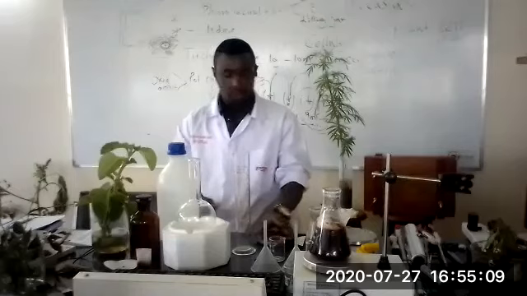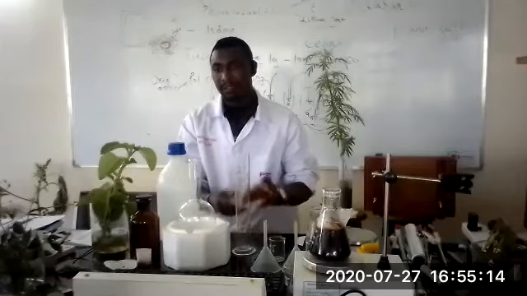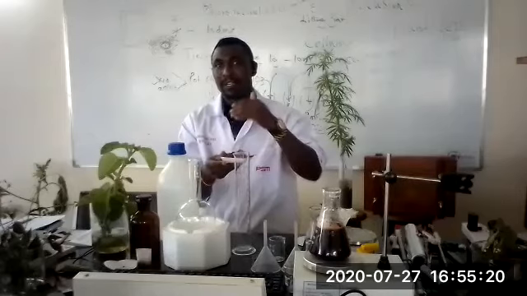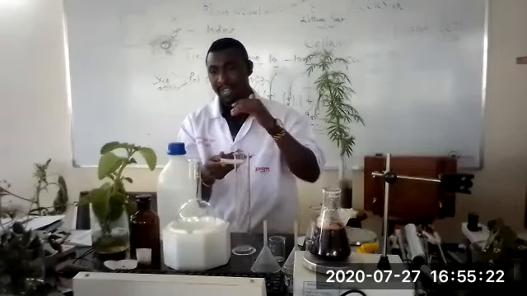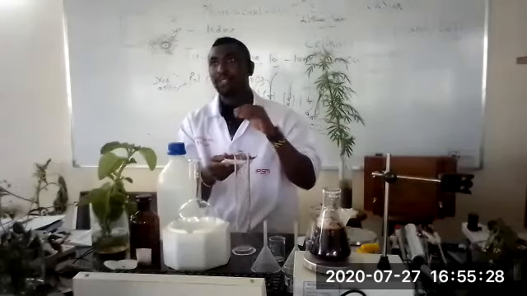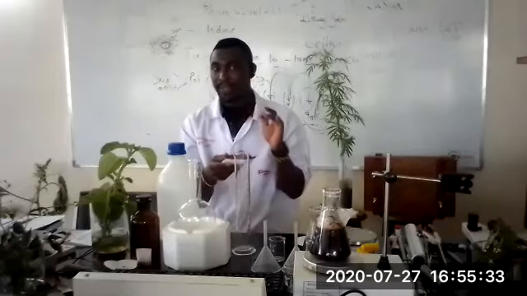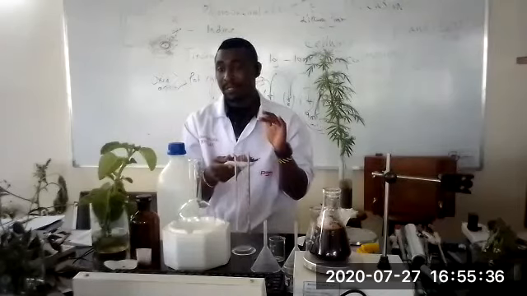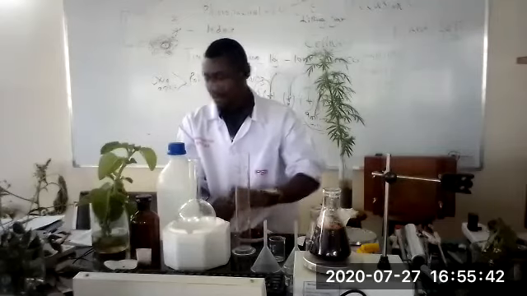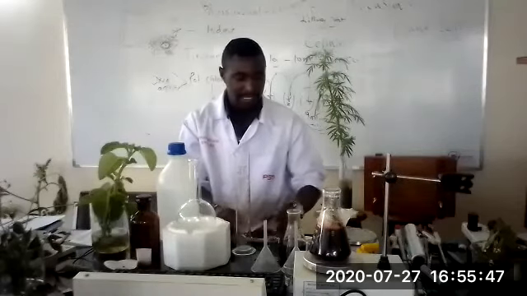Very good. So the first thing I'll do is ensure that your plant is already in powder form. Whichever form it is, it should be reduced in size, what is called size reduction. Then you take it to a grinding machine or a grinder. Ensure that you grind it so that it becomes coarse, not very fine but coarse. So my material is here with me. I've got the acacia.